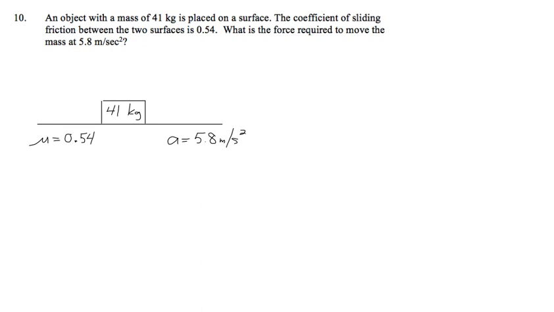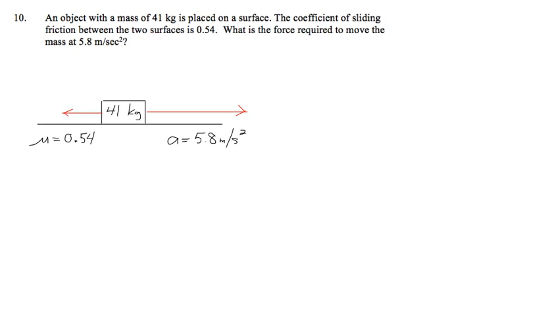Now, if there's a coefficient of friction, we know there's friction. So we have to overcome friction in order to make this thing move, and not only move, but accelerate. So I'm going to have to do my free body diagram, which is going to have the force in this direction, and it has to be greater than the friction in the other direction.